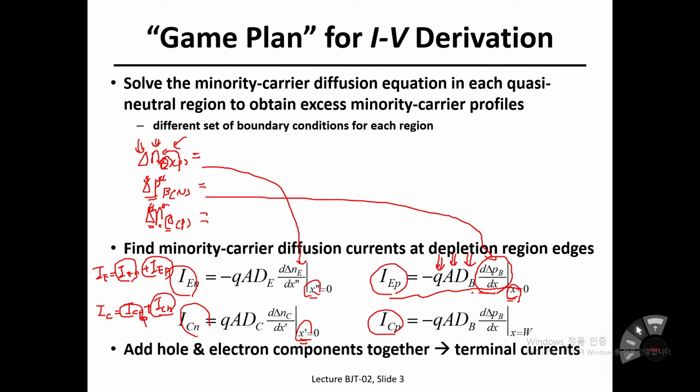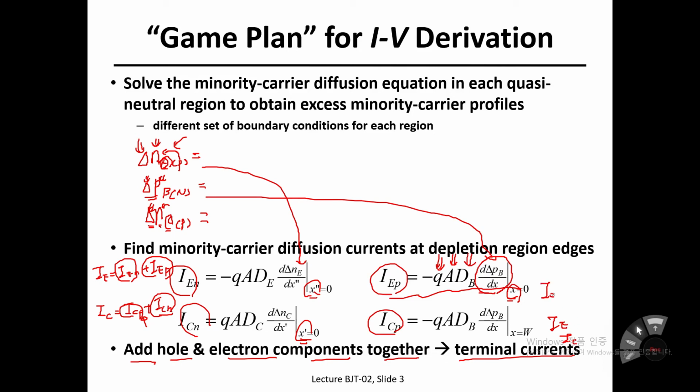So the direction of minority carrier diffusion is denoted as a new coordinate axis system in each region. Again, emitter, base, collector. Okay, then afterwards, we're going to add up hole and electron current components together. Then we're going to get the terminal current of BJT, I mean the emitter current, collector current.